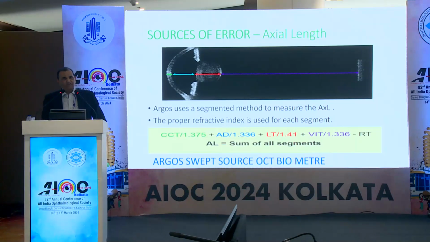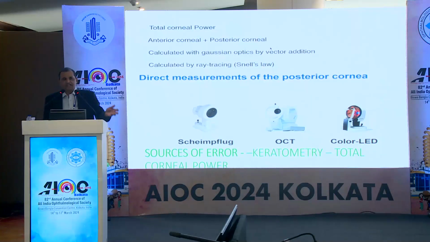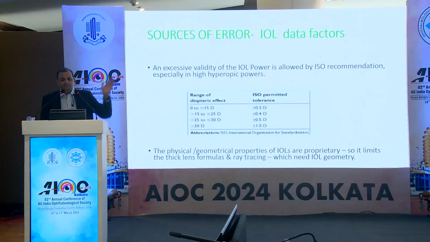So the corneal refractive index, aqueous refractive index, lens refractive index, everything is incorporated, it is a sum of all segments, and that is SOS biometry. And all other gadgets give a very good corneal power calculation, front cornea or back cornea, which gives us a very good total keratometry. The only problem with us is the IOL data factor.